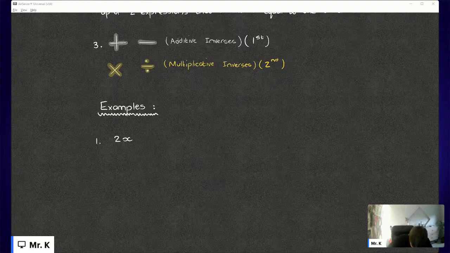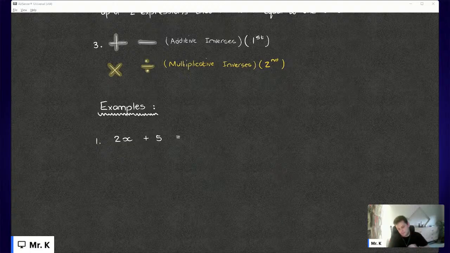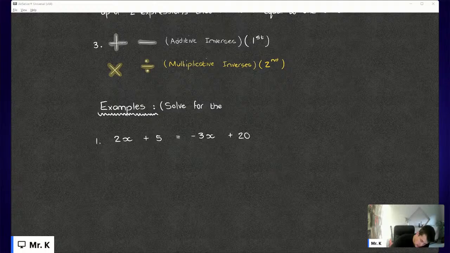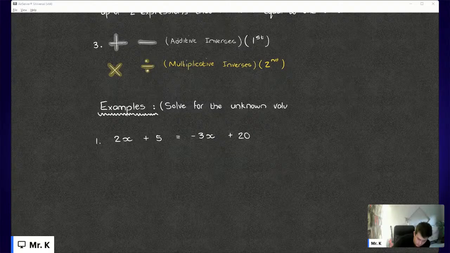Let's say we have 2x plus 5 is equal to negative 3x plus 20. The question for these examples is going to be solve for the unknown value, solve for the value of the variable.